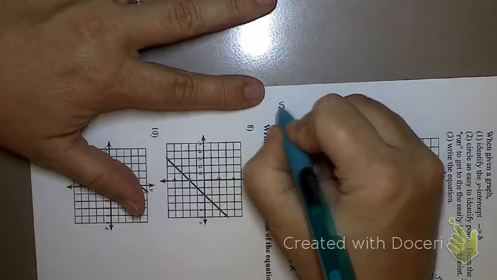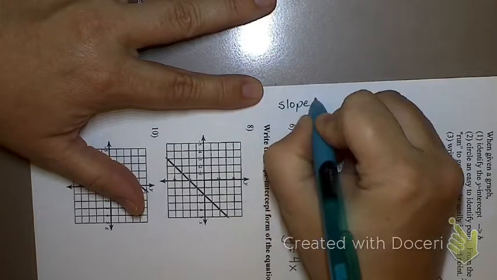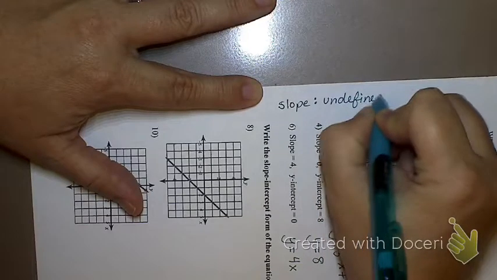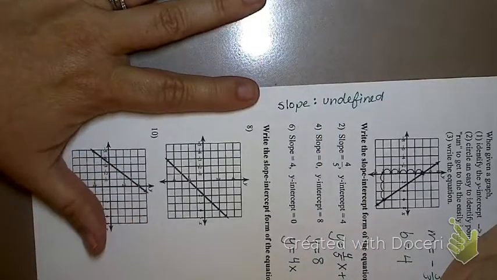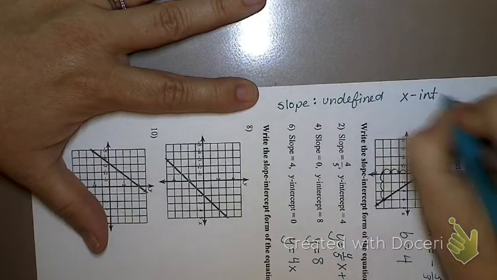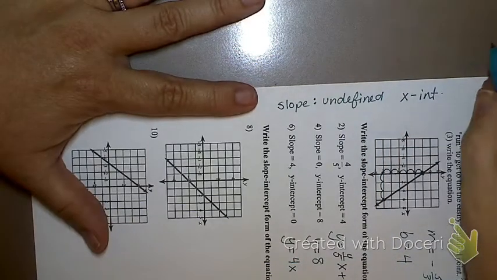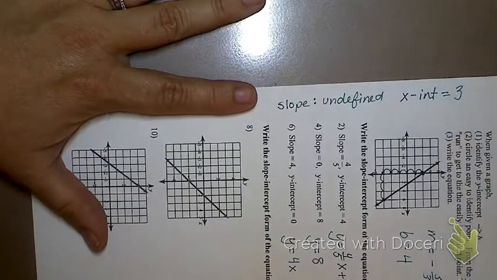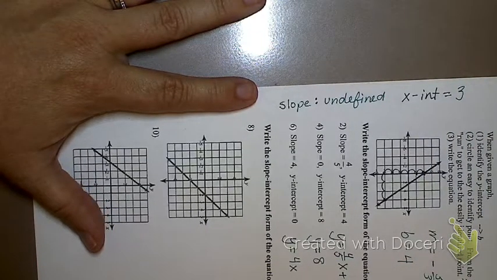What if I gave you another one and I said the slope is undefined and the x-intercept, because there is no y-intercept in this line, the x-intercept is 3. What the what?